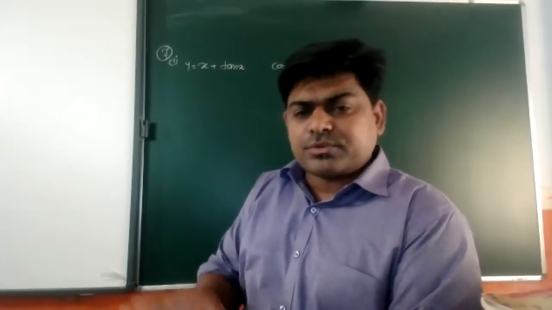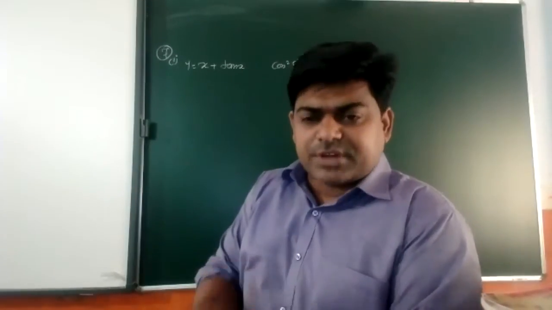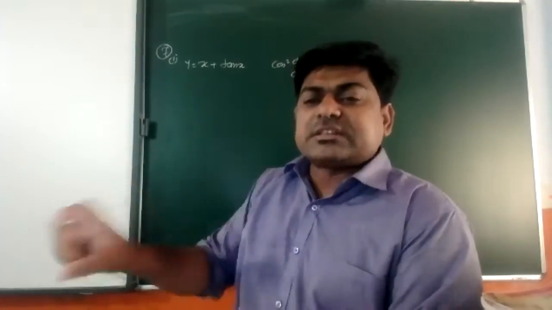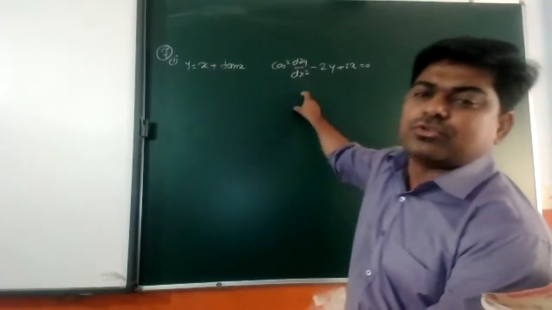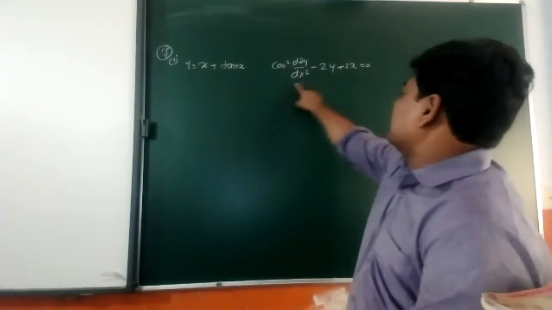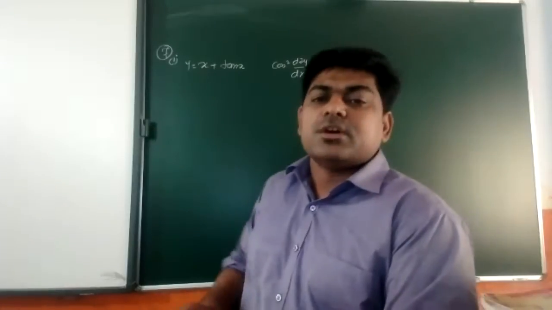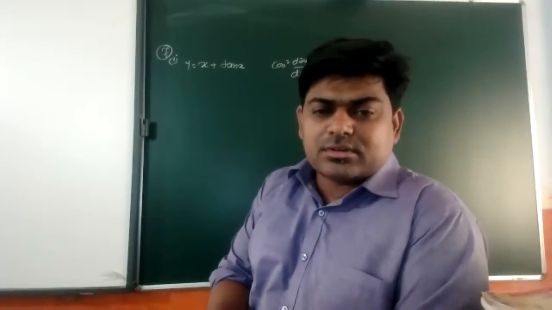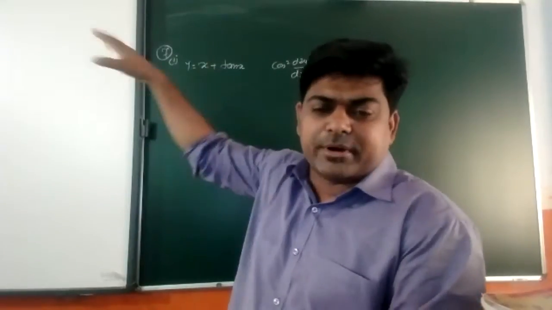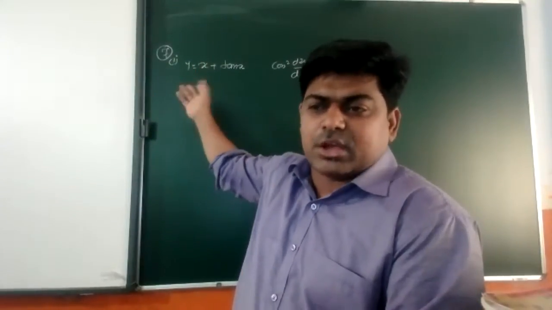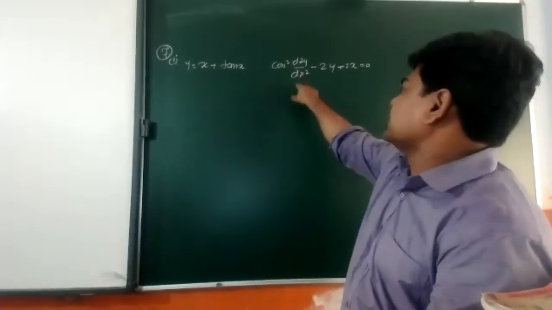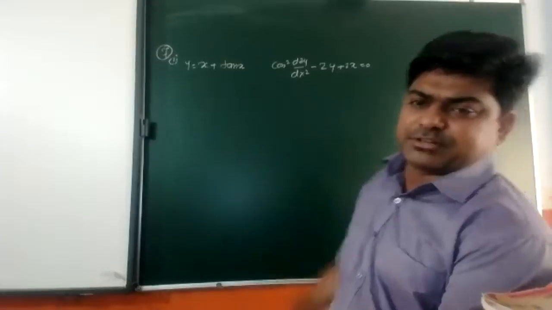In most questions we will do the same. But sometimes we will not be able to easily simplify to get the result. At that time, since y and d2y by dx square are there, we take y as given, get d2y by dx square, and substitute these values in the left hand side.